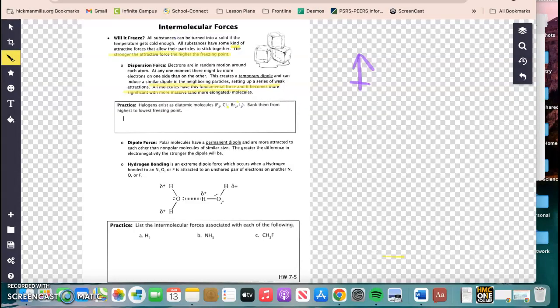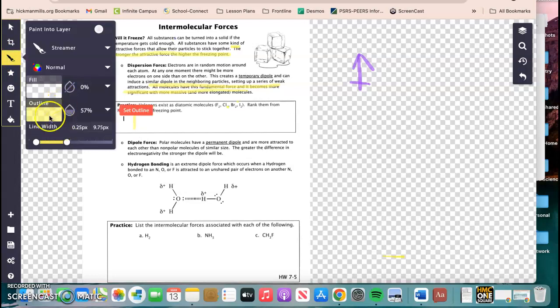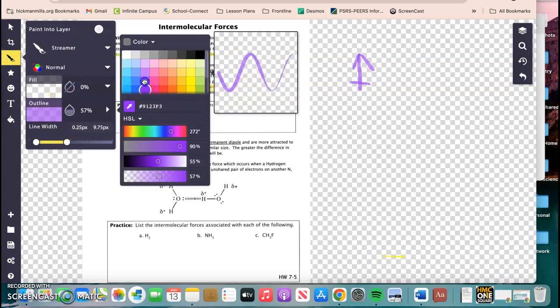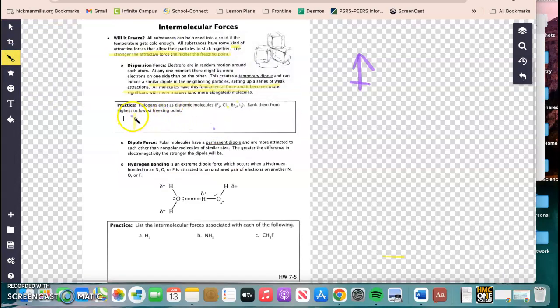That is the order of our freezing points. Our highest freezing point is going to be our largest one. Sorry, not F2, I2. I2 is going to have the largest size, so it will have the highest freezing point.